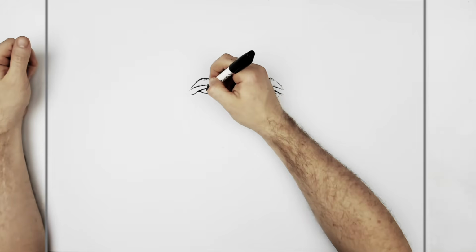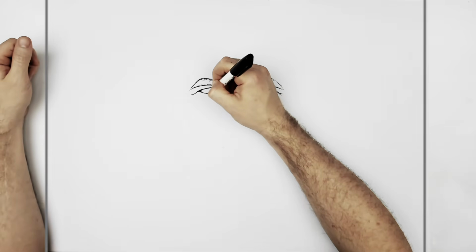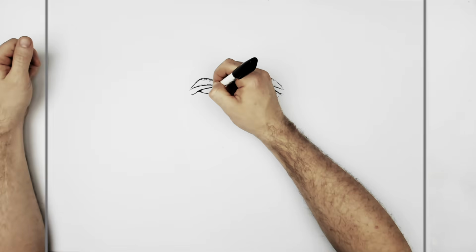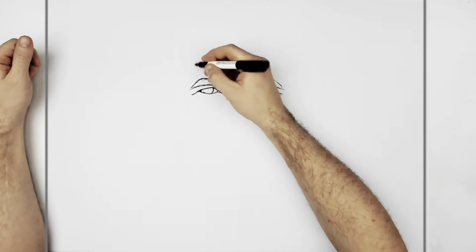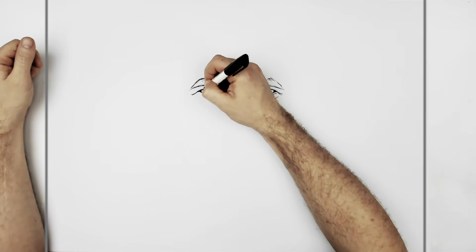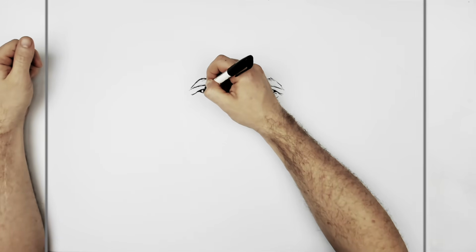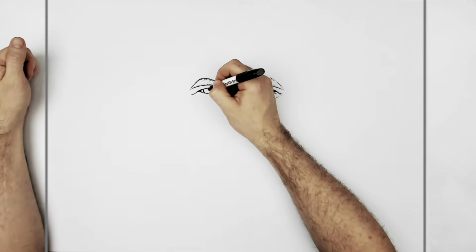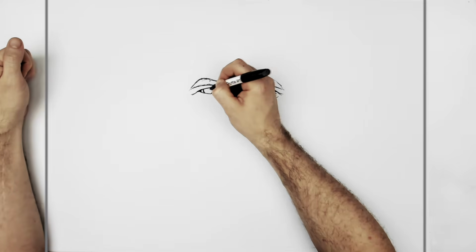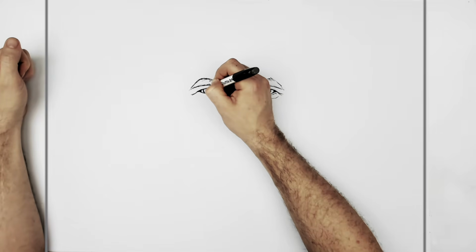There, right? It's like a circle. Pupil.